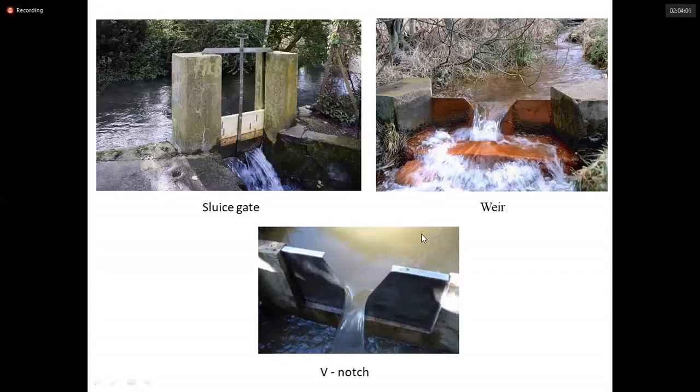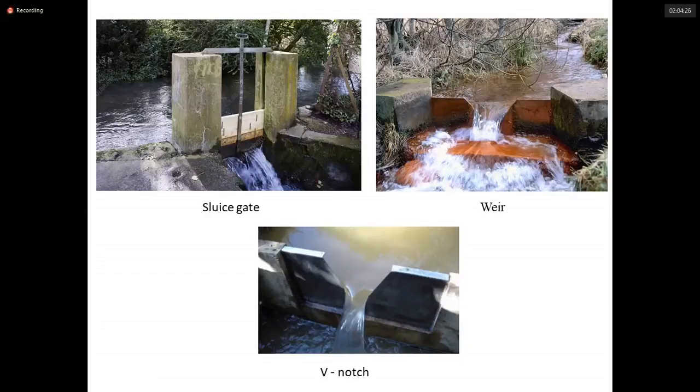This type of special structure is inserted in the way of the stream. On the side, a measuring tape is fixed, so they can get the height of the water flowing through these weirs or V-notches, and they have already developed some equations.